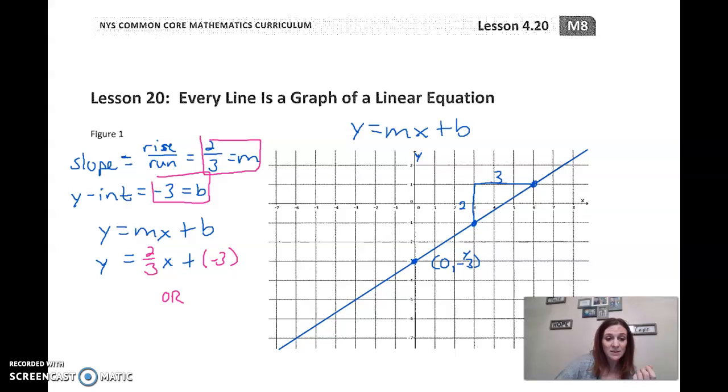Or you could write this as y equals 2/3 times x minus 3, because again, subtracting 3 is the same thing as adding -3. These two things here are equations that represent this graph, because this line right here represents all the solutions to this. So in this lesson, we are going to be given a graph and we're going to have to write an equation from it.